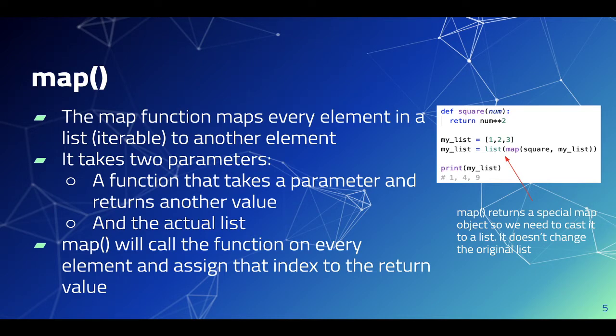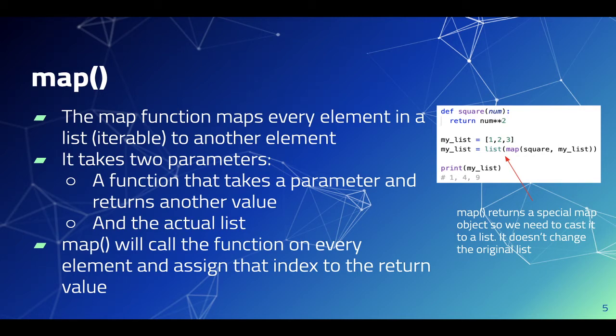Then it applies the function on every single element in that iterable and returns the new iterable, if that makes sense. So if you look at my list, it's 1, 2, 3. It performs square on every single element in my list and returns a new map object of that iterable. So in this case, it returns a map object that somewhere contains 1, 4, 9.